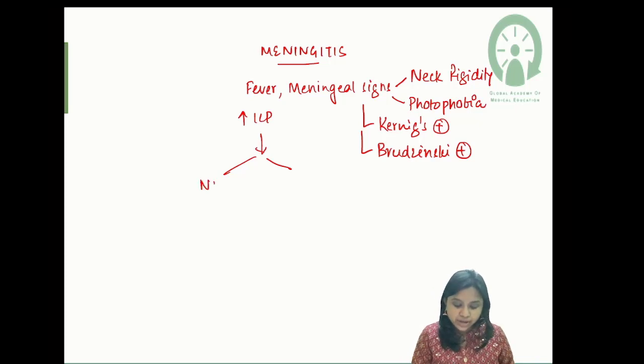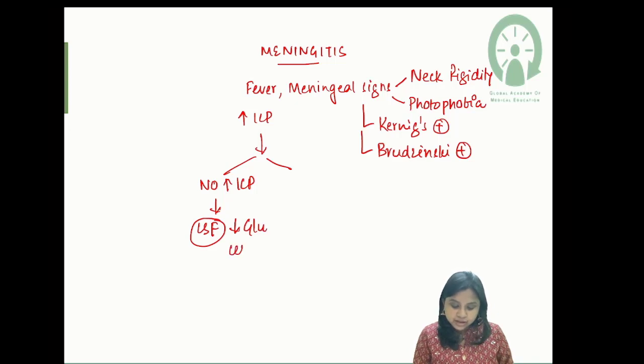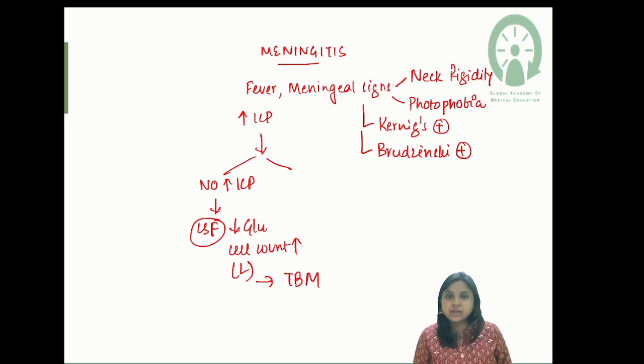If there is no rise in ICP, you're going to do a CSF, and if my CSF is showing me that there is reduced glucose and cell count more and it's predominantly lymphocytic, then I'll think about tubercular meningitis. And if it is more neutrophilic, then I can think about bacterial meningitis. And if there is increase in ICP, I'll prefer doing an imaging before an LP.